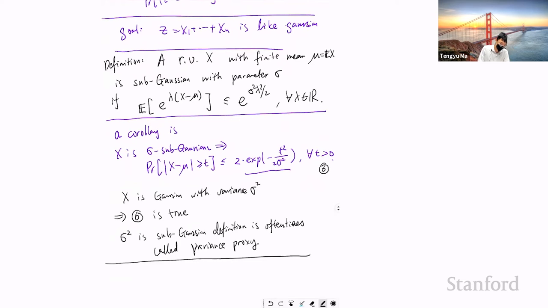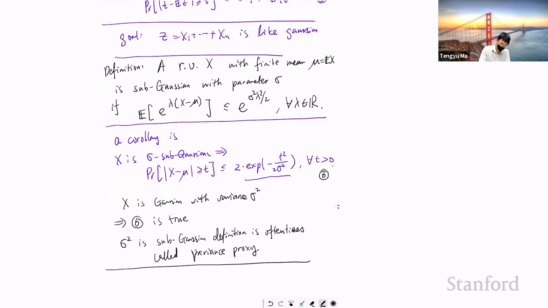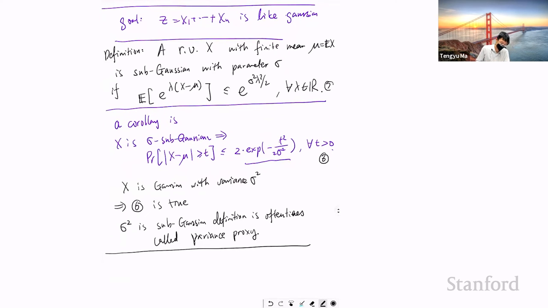And regarding these two definitions, the corollary 6, let's call this 7. So 6 and 7 are in some sense equivalent definitions up to some constant factor.